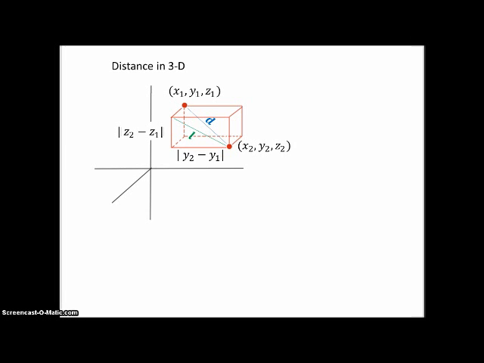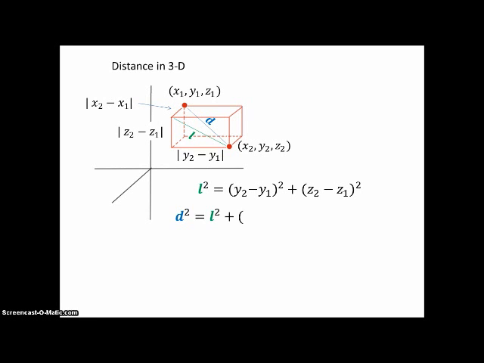So just using our old friend the Pythagorean theorem, we get L squared equals the difference in the y coordinates squared plus the difference in the z coordinates squared. Now, L and D, and that little side up there at the top left side of the box, form another right triangle because the red line segment is perpendicular to the front of the box and therefore perpendicular to L. So the red line segment and the green line segment are the legs, and then D is the hypotenuse.